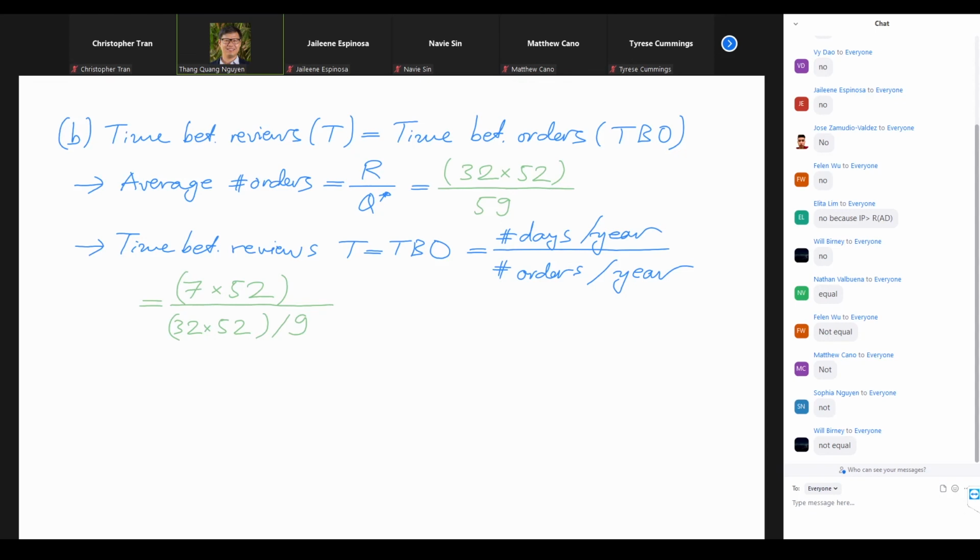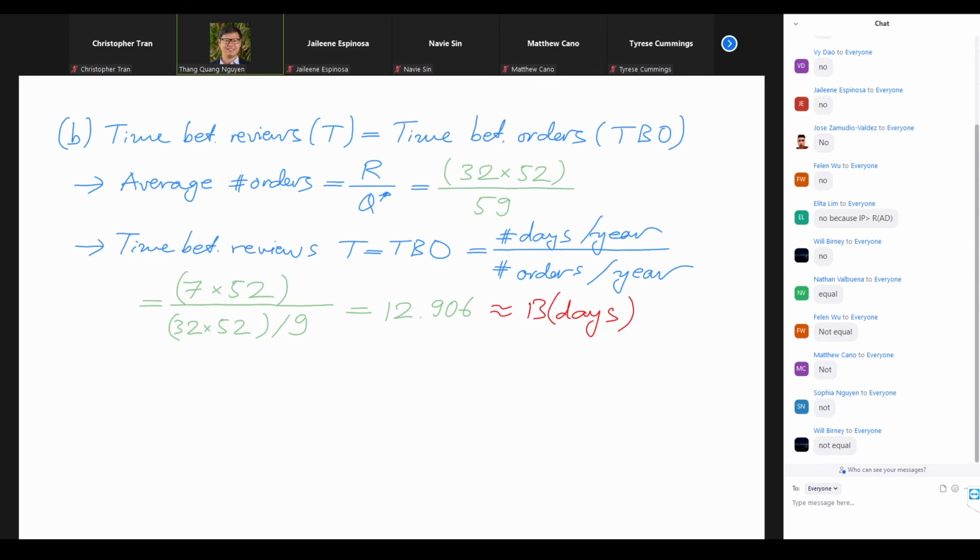So if we calculate this, then it's going to be 12.906, or in other words, we would round it to be 13 days, right? What does that mean? It means that we're going to wait for every 13 days before we make the next review and we make the next order.